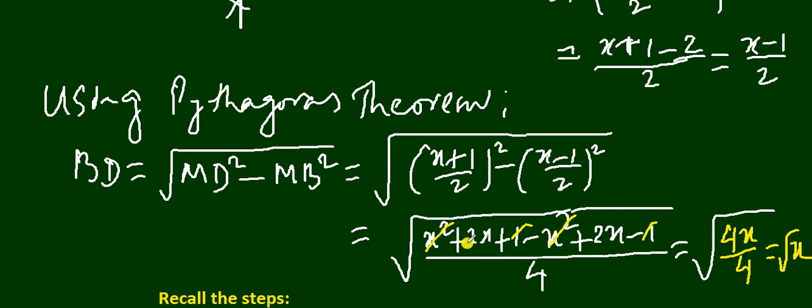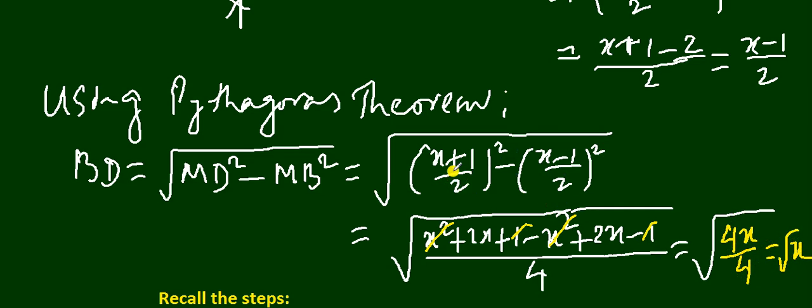So I get this, x square and x square get cancelled, 1 and 1 get cancelled, and I am left only with 4x over 4. How am I getting 4? Because 2 square, 2 square, same like terms, so we have the common denominator 4. So 4 and 4 also get cancelled, and what you get is root x.